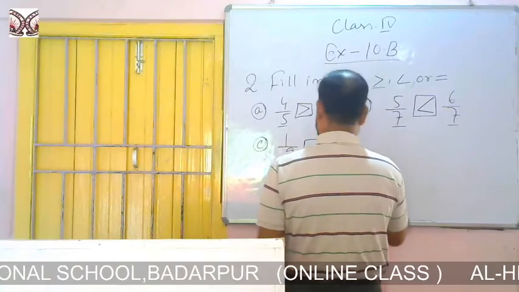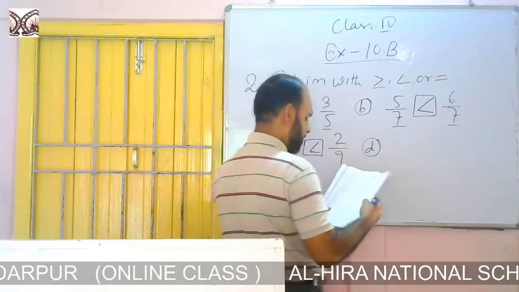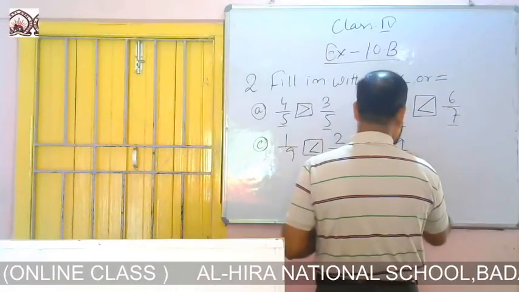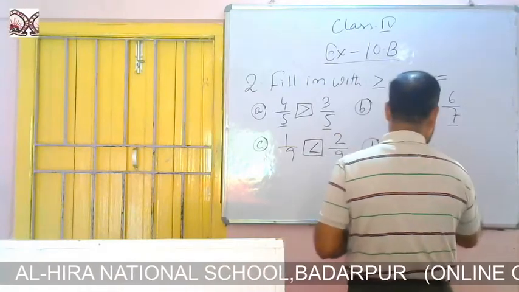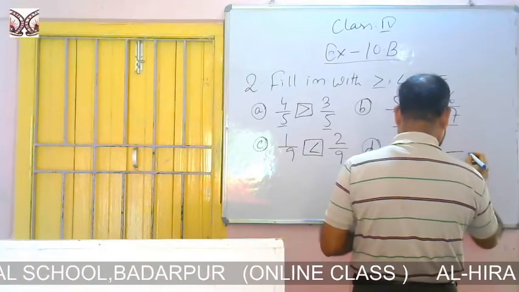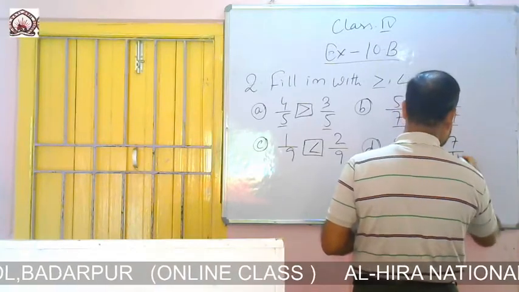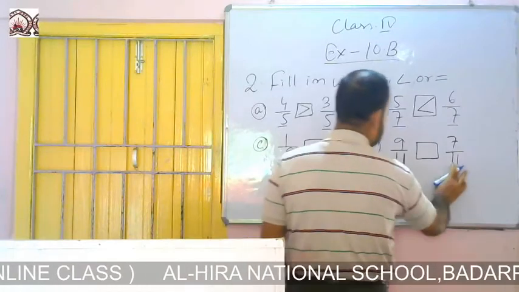Next, question number D, 9 by 11 and 7 by 11. So here also the denominator 11 is the same for both, so they are like fractions.